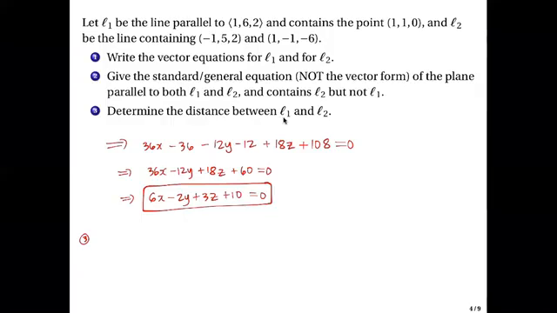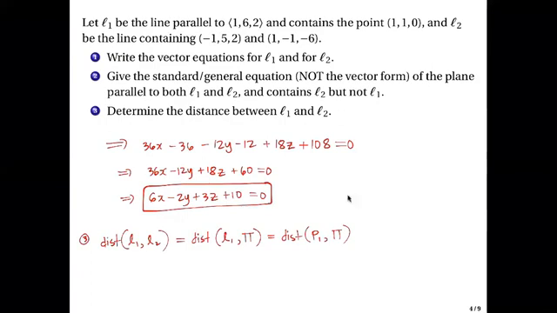Or simply, we just need to find the distance between this plane and a point on L1. So the distance between L1 and L2 is just the distance between L1 and the plane pi.